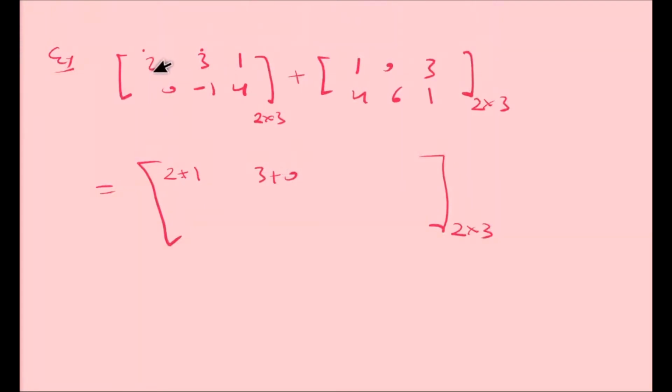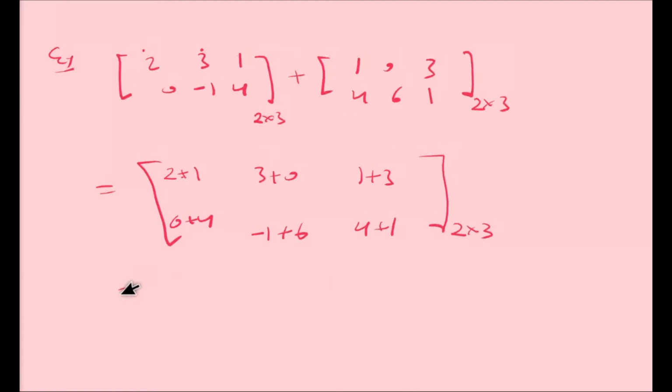Right? So A11 plus B11, result is C11. So now here 1 plus 3. Okay. Now here 0 plus 4. Now this one is minus 1 plus 6. Now you can add 4 plus 1.